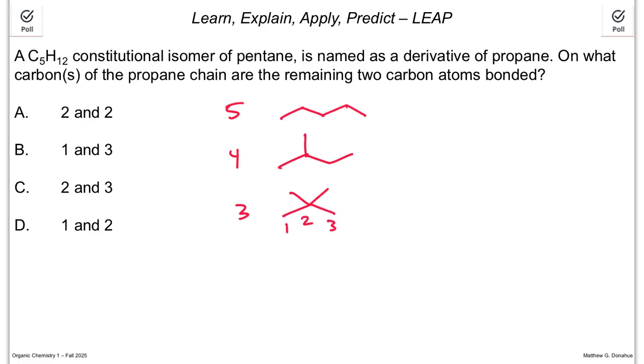Remember, they can't go on the ends. They both have to go on that same carbon. This is a derivative now of propane. And the name is called 2,2-dimethylpropane.